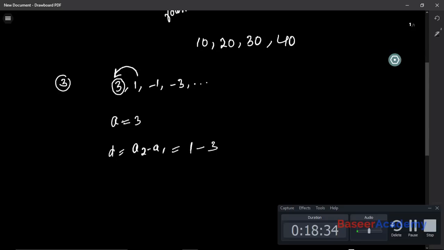So to find out the difference, you just have to subtract the first term from the second term, or else you can subtract these two numbers also. If it is an arithmetic progression, the common difference anyways will be same. So 1 minus 3 is minus 2. So the first term is 3 and the common difference is minus 2.